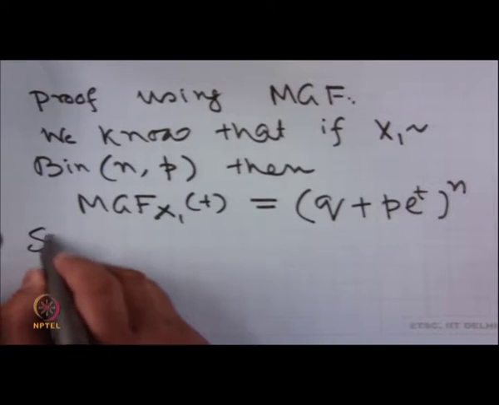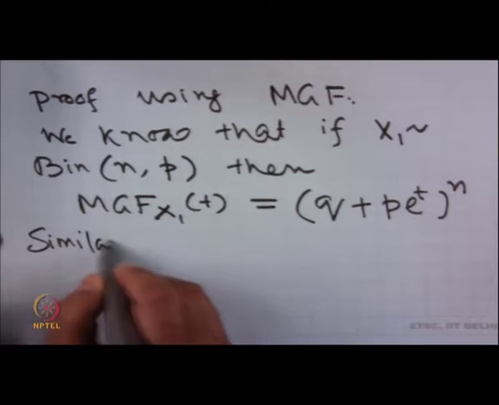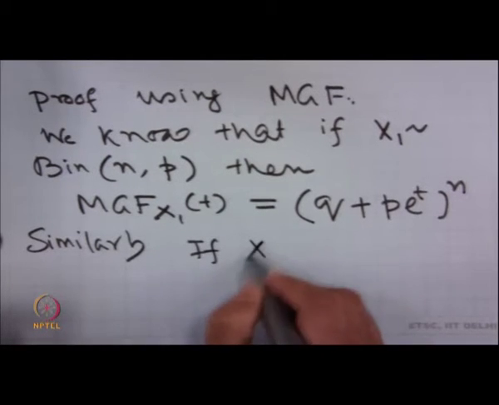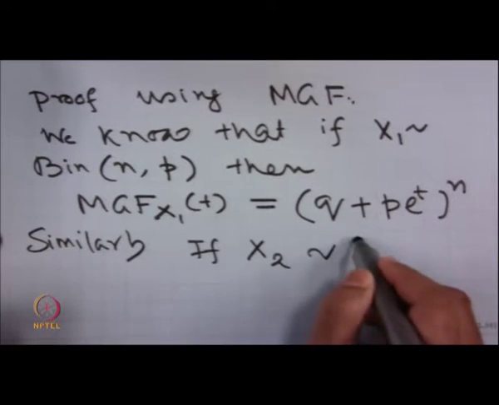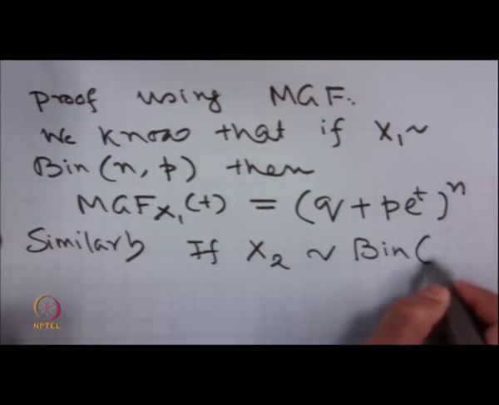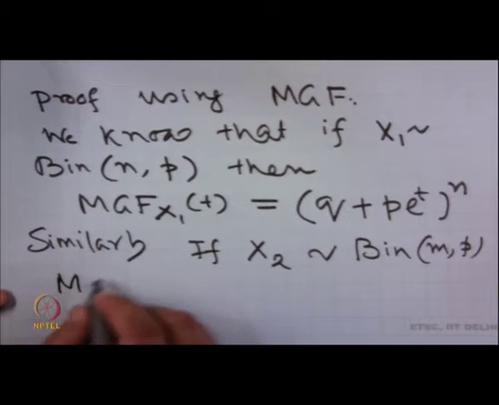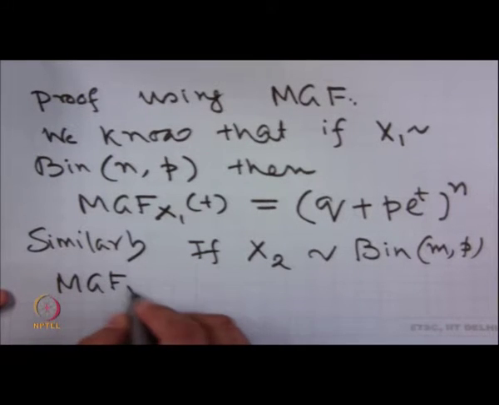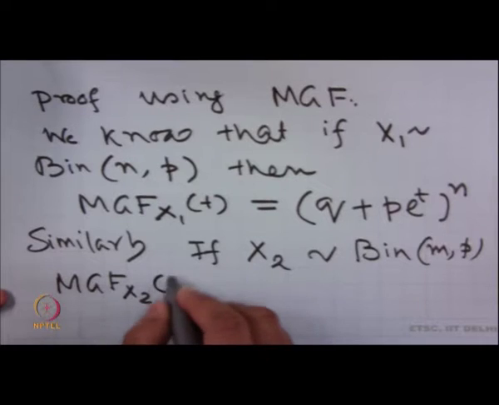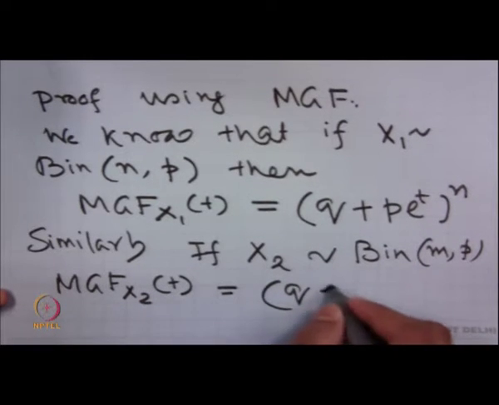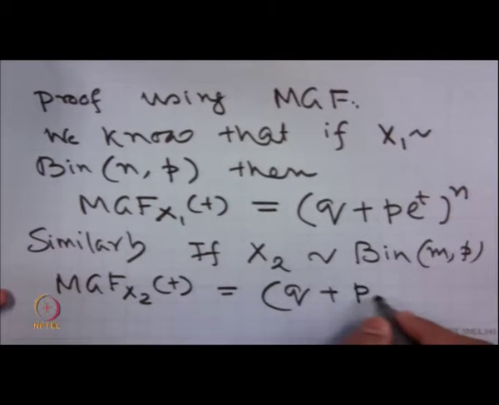Similarly, if X2 follows binomial with m comma p, then mgf of X2 at t is equal to (q plus p e to the power t) whole to the power m.